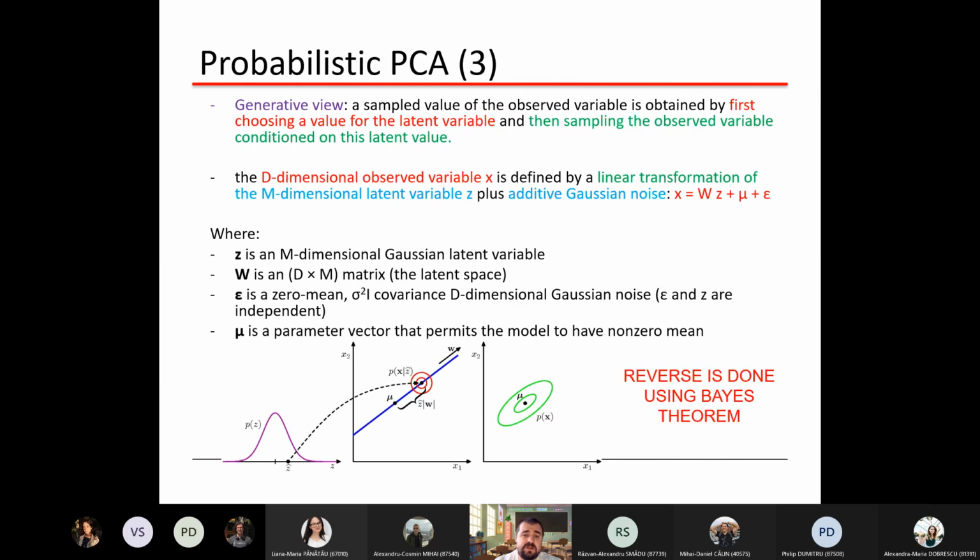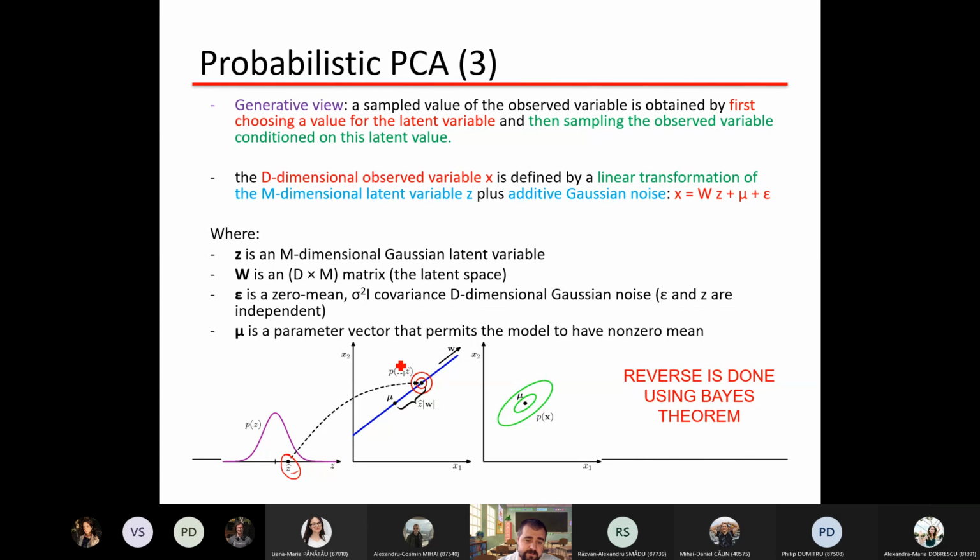And we will use a generative view. So we know that Z comes from a Gaussian distribution. First of all, we will sample a value of Z, let's say it's Z hat. And then starting from this distribution, we will sample the observed variable conditioned on the latent value.